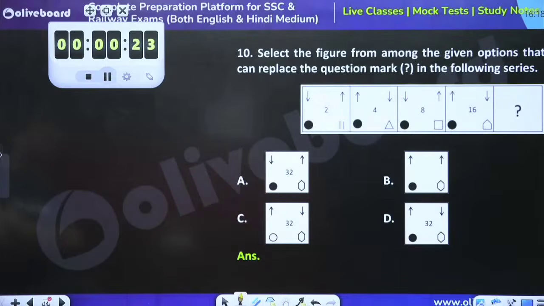This is also very easy, I think. Correct. Absolutely right. Okay. So what is happening here? Good job, guys.